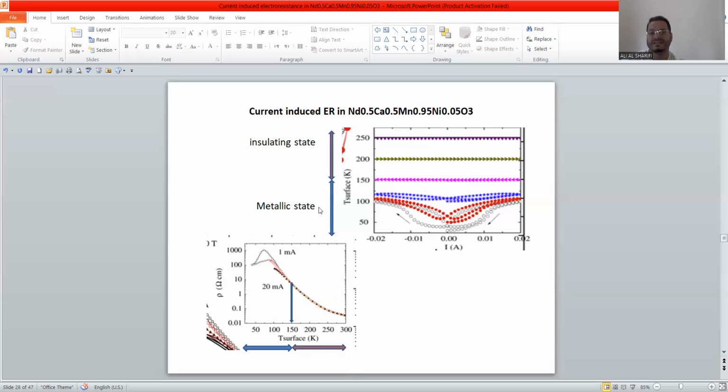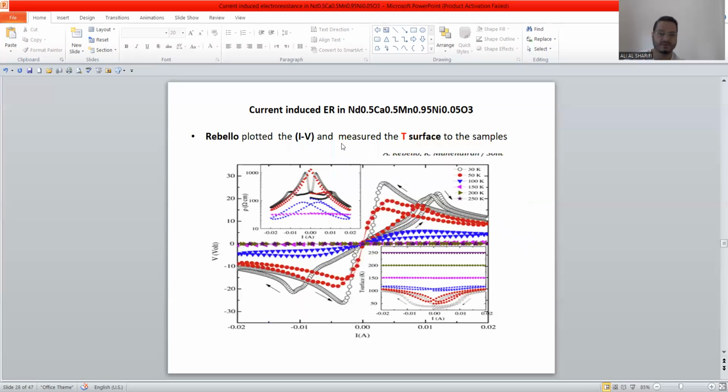Let's take a look at what that means. What happens in the isolating state or the metallic state? What is the relation between the T surface, the temperature, and the isolating or metallic state?